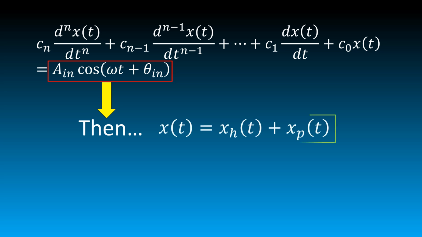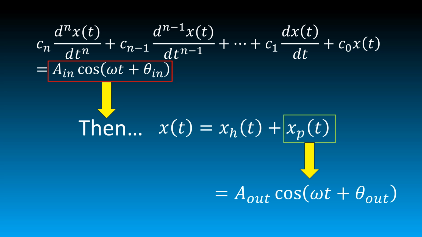So if we have an input A_n cosine of omega t plus theta_n, then we know that the output must be the homogeneous solution plus the particular solution, x of t. Those are its components.